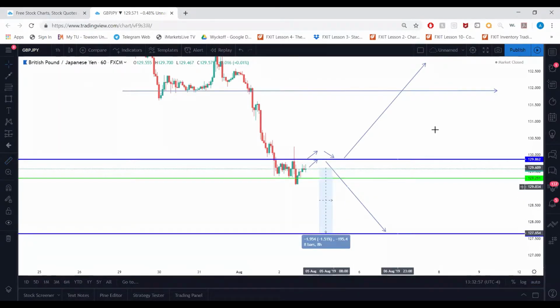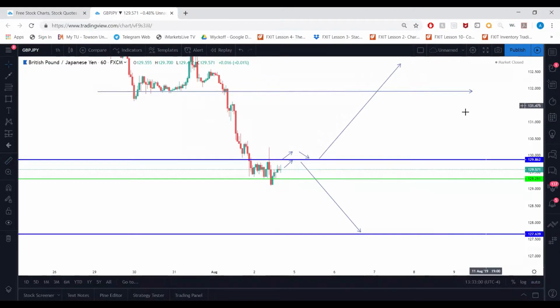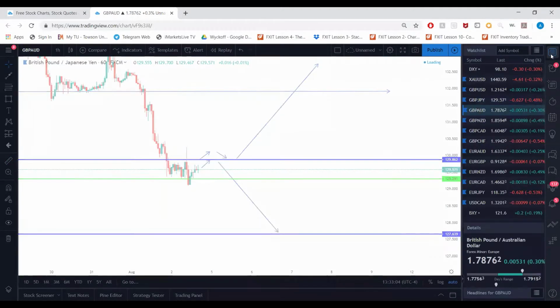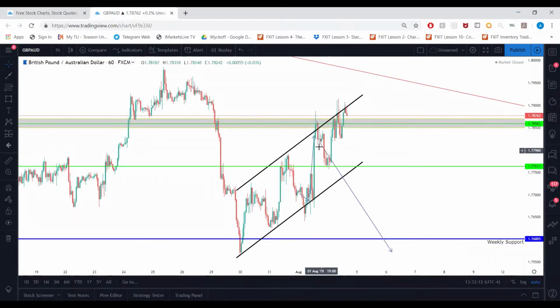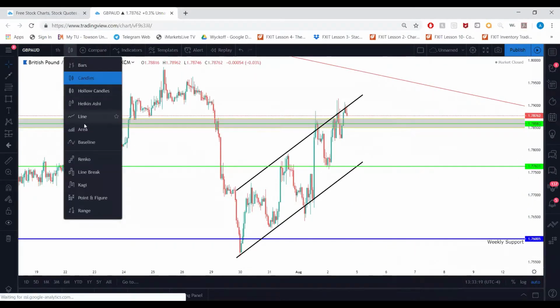Yeah, 195 pips. GA, let me clear this up. It's riding this channel. Let's see.